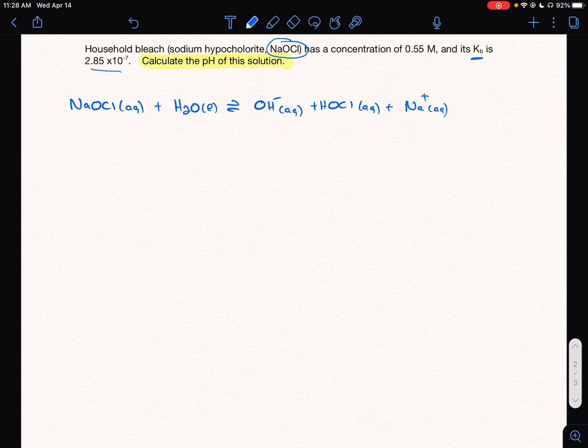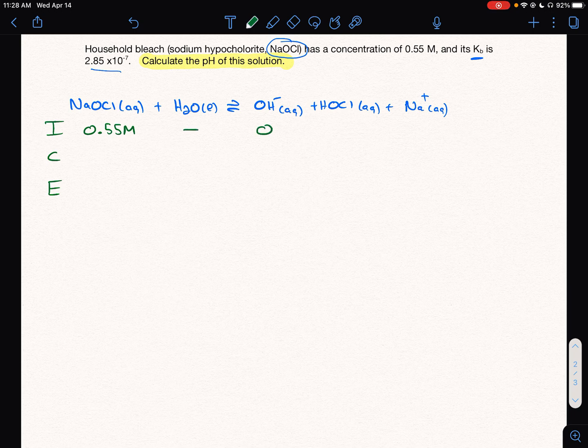Okay, we're going to solve this using an ICE table, and so we can go ahead and set this up. Initial, change, equilibrium, and we're told we initially have 0.55 molar. Water we don't care about.